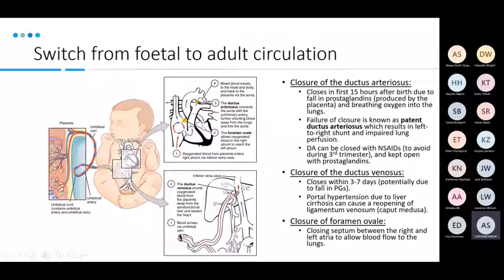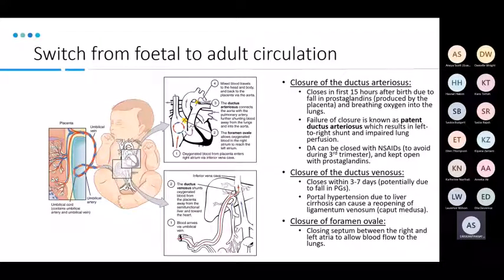Because that little bridge is still open, you'll get mixing of the blood, which is why it's a left to right shunt. These can be closed with NSAIDs. This is why you try to avoid taking things like ibuprofen during your third trimester when you're pregnant. And if you need, for various reasons, to keep this ductus arteriosus open, you can give prostaglandins so it remains open.